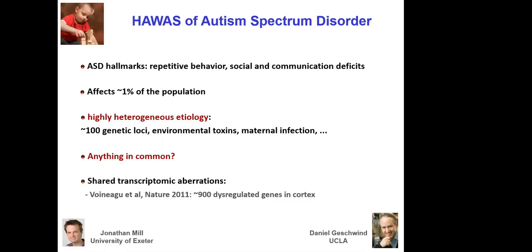So in 2011, he showed that there is a common denominator, right? There are some things in common in autism. Although the genetics are diverse and the environmental factors are diverse, the gene regulatory consequences are somewhat coherent, right? There's shared dysregulation in autism.